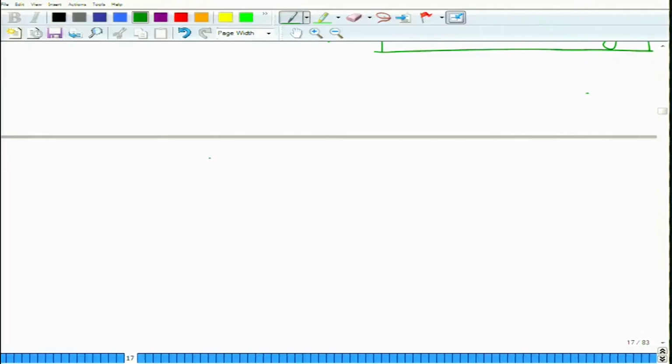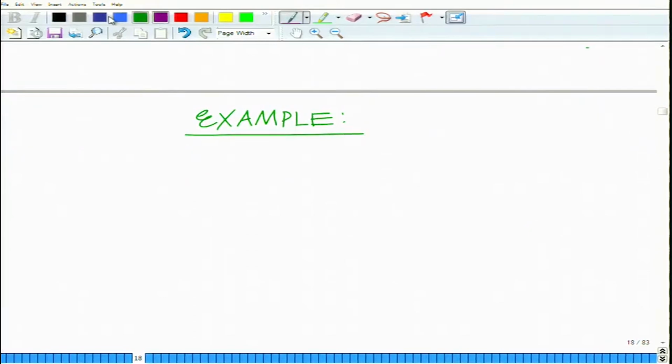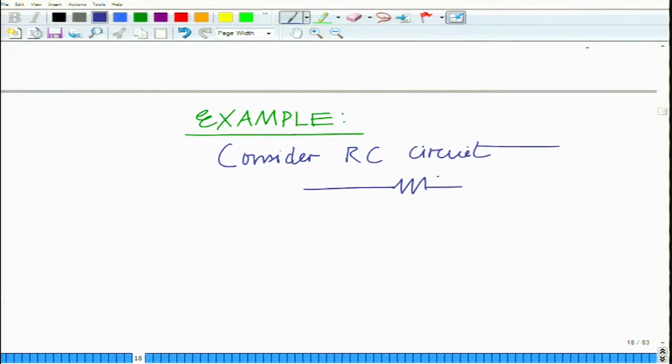Example for the group and phase delay. Consider an RC circuit, the standard series RC circuit that we have.